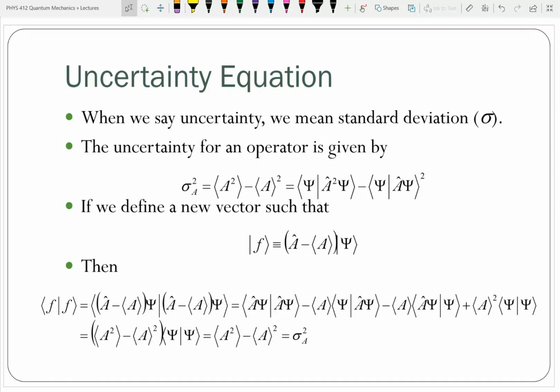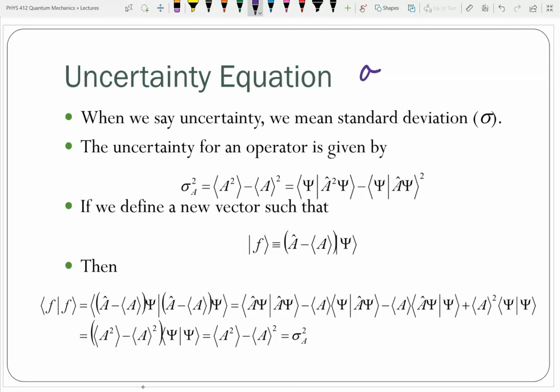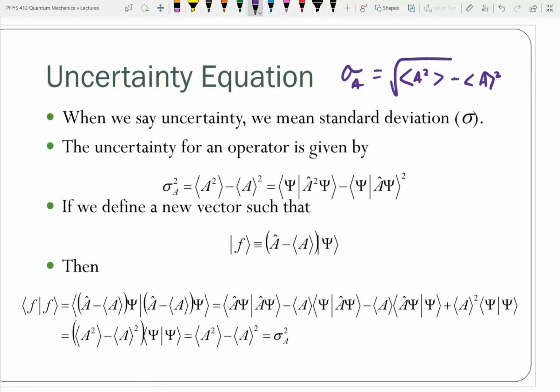Sure. So the uncertainty we had seen before was the square root of the expectation value of the operator squared. Whoops. No, I was right. That's what we have been working on all semester. And so that's what this first statement is.